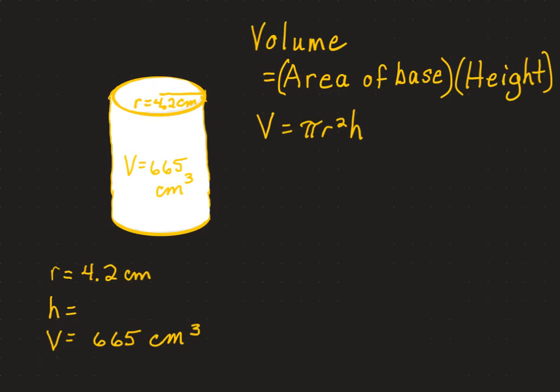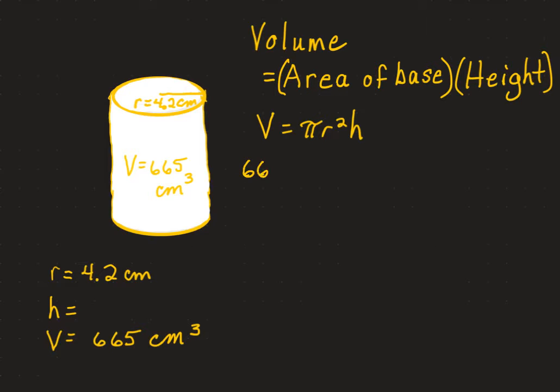Remembering that the formula for the volume of a cylinder is V equals pi r squared h, because we have a circle as the bottom of this cylinder. We're going to try to find the height that a can would need to be if it has a radius of 4.2 centimeters and we want it to have a volume of 665 cubic centimeters.